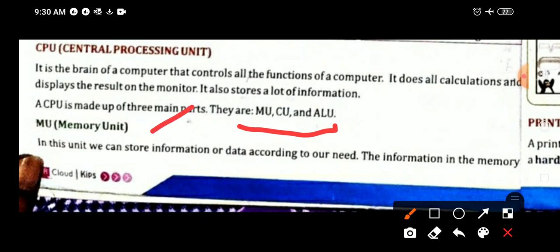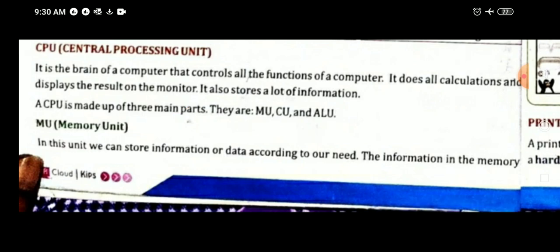Now, first is MU, memory unit. In this unit, we store information or data according to our need. Now, what is the use of memory unit? We can store our data and final result or a file in the memory unit.